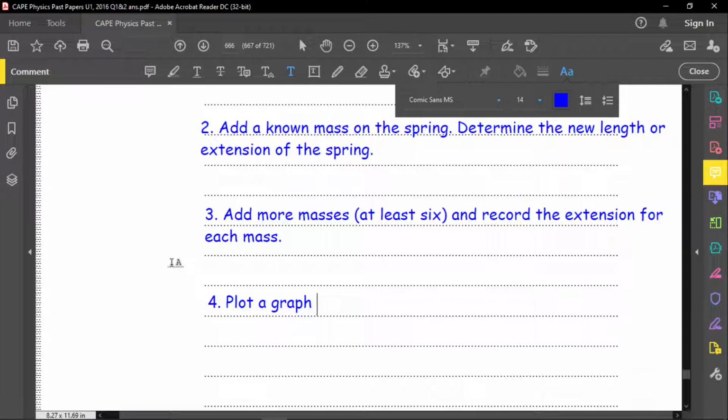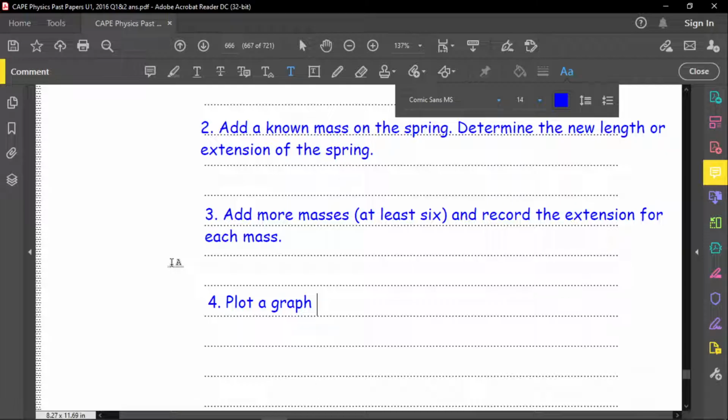So what you can do, you can have a graph to say weight versus extension, or mass versus extension. But it's best to use weight, because weight will be a force. Because remember, now you're looking at Hooke's law, and Hooke's law talks about applied force, so you can convert the masses into weight, okay, which is the force.